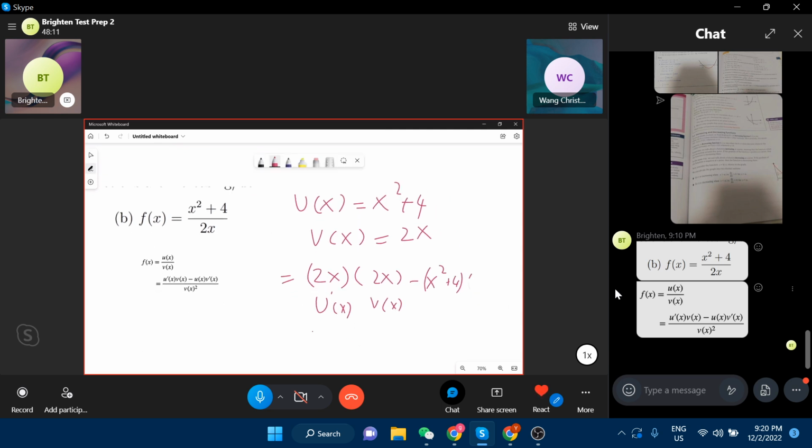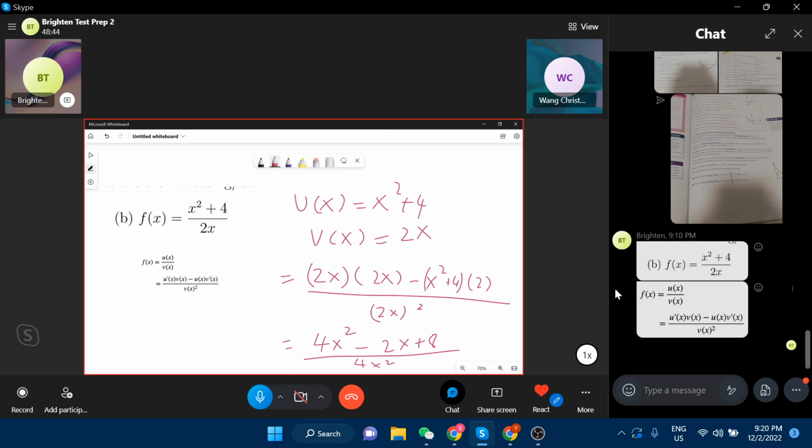Okay, so 2. Now I'm going to erase the bottom because I need to do the bottom. Divide by just v of x squared, so 2x squared. Okay, so let's do this. This is 4x squared, and then minus, and then it becomes 2x squared plus 8, over 4x squared.